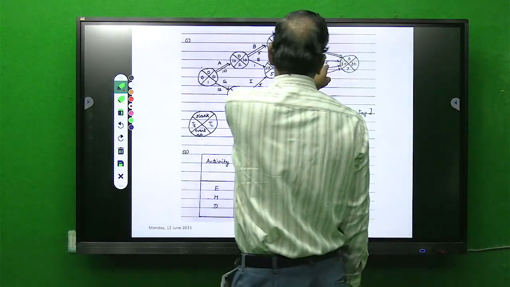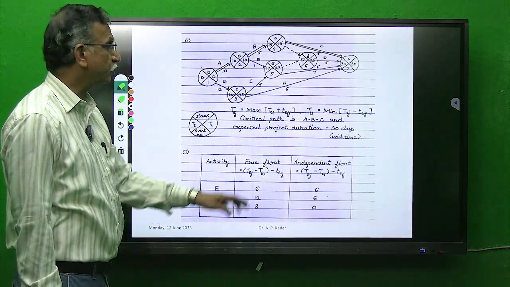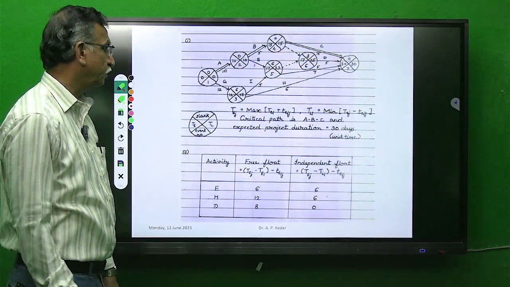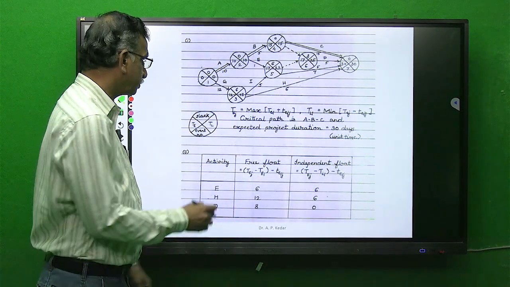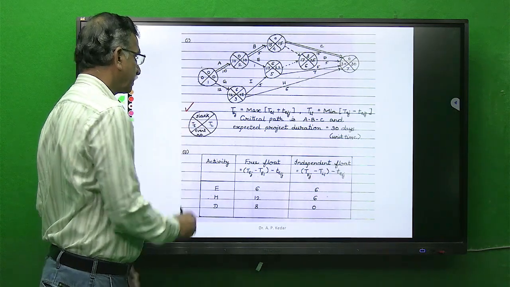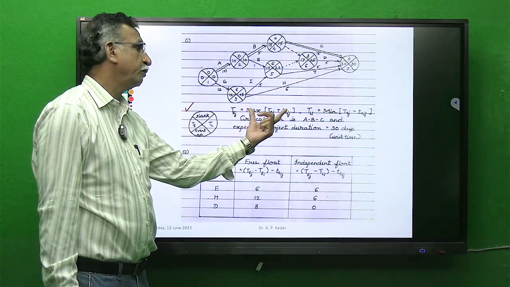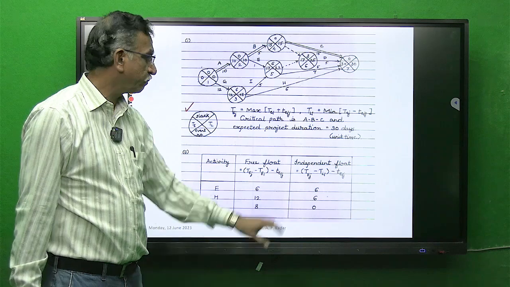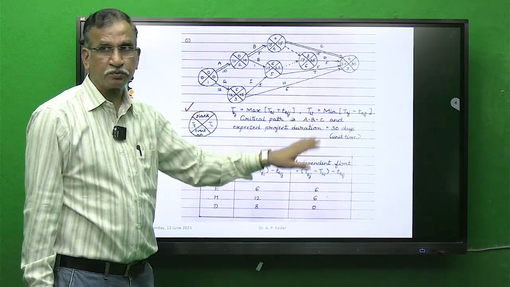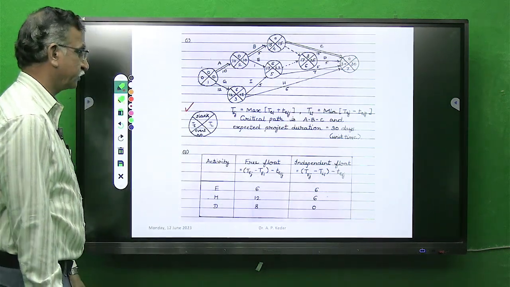I have shown you such a condition. D depends on B and E both, and we have also studied this aspect of representing physical formulas for forward and backward pass calculation.